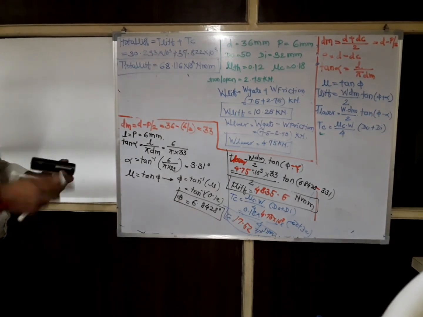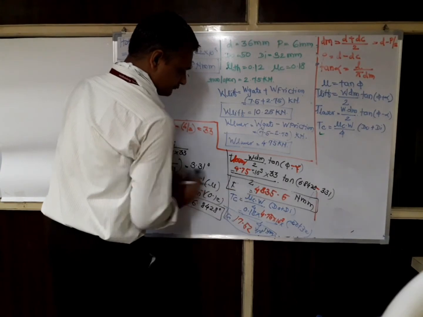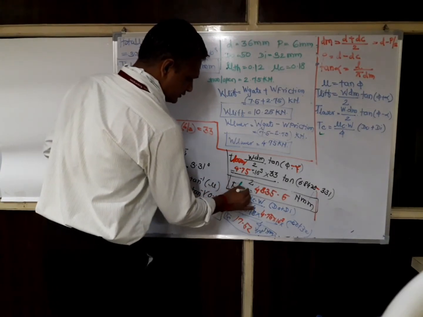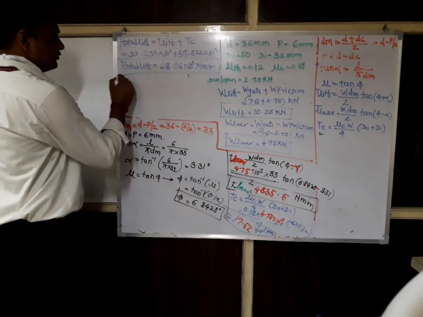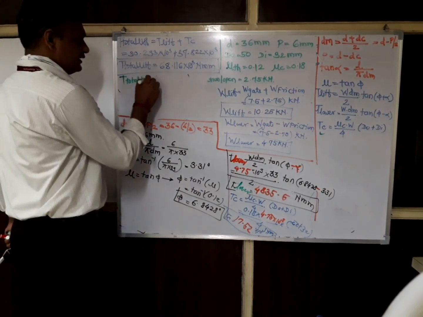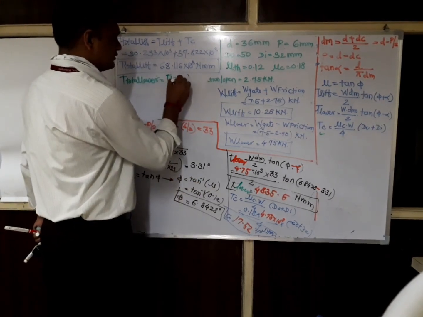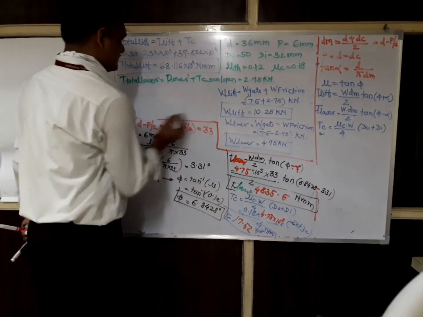This is the T lower actual. Therefore T total lower is equal to T lower plus collar friction torque.